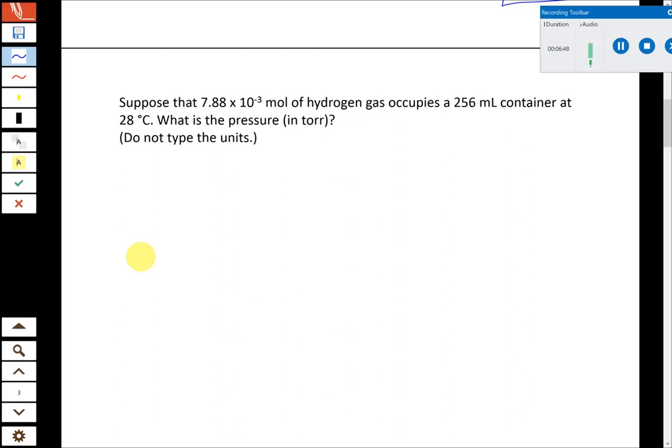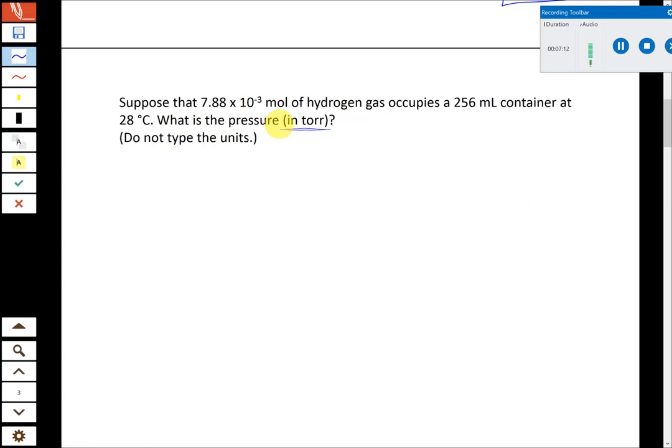The rest of these are going to primarily deal with the ideal gas law. So there's going to be sort of two variations in gas law problems, I suppose. The first major type is what we have here, which is where you're given some of the parameters for a gas, moles, volume, temperature, and you're asked to solve for another one, in this case pressure.